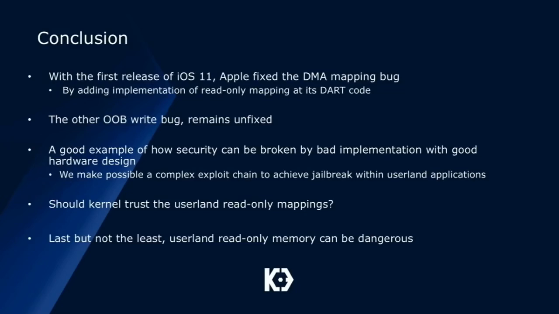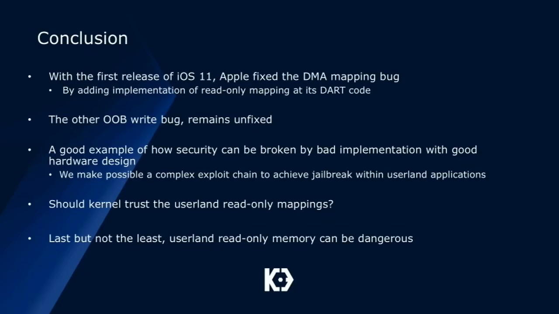However, the other OOB write bug remains unfixed up till now. And this is a very good example of how security can be broken by a very bad implementation, even with very good hardware design. It makes possible a very complex exploit chain to achieve the jailbreak within userland applications.